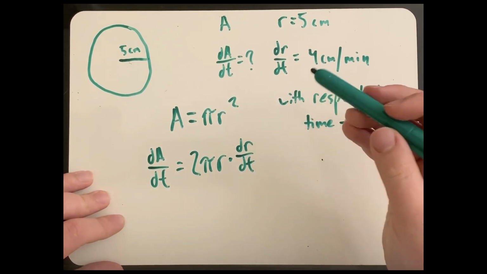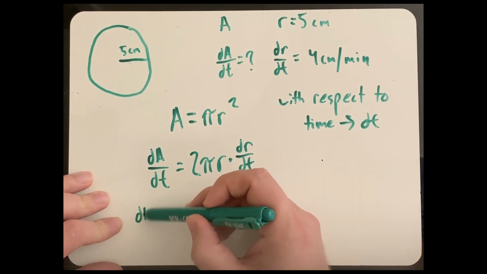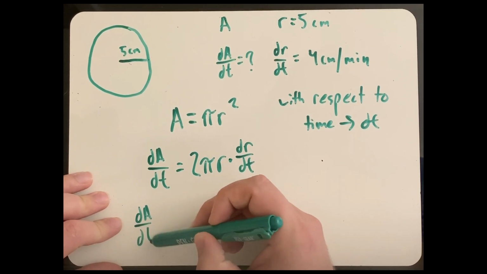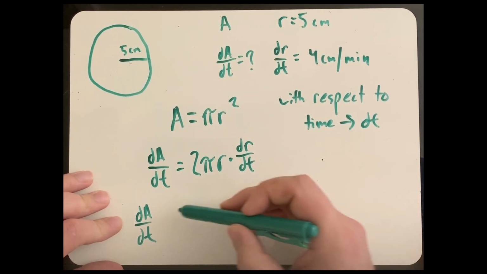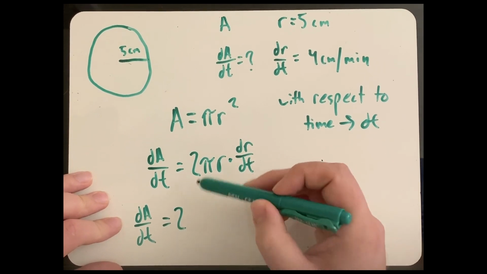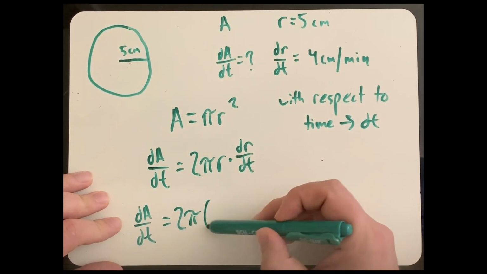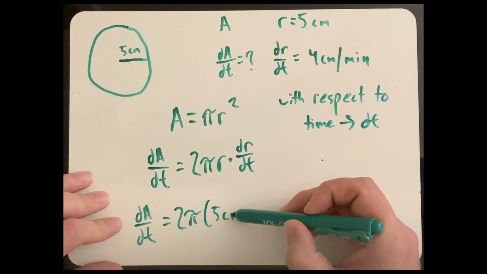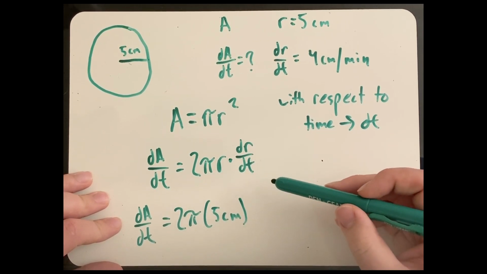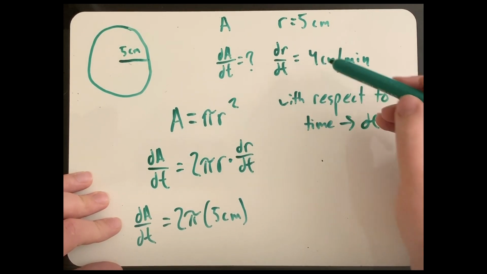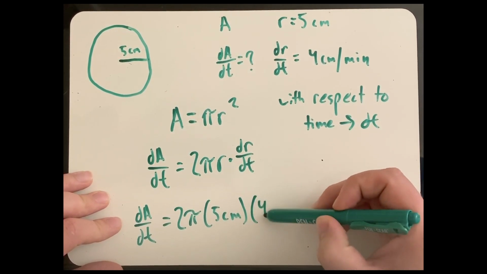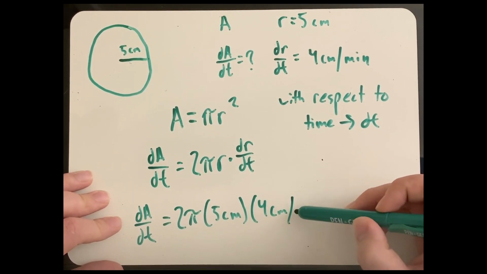Okay, so we are looking for our dA over dt. We have our constant 2, constant pi, our radius of 5 centimeters, and we also have our dr dt of 4 centimeters per minute.